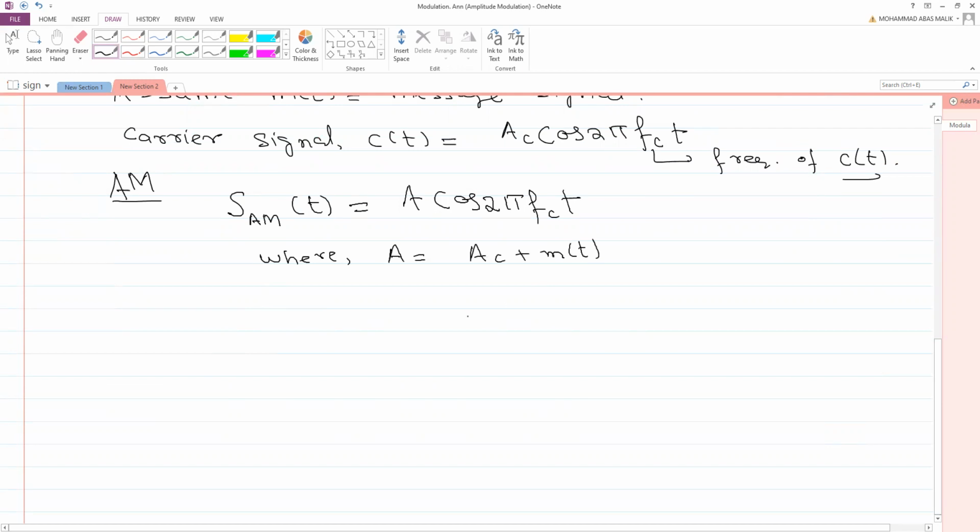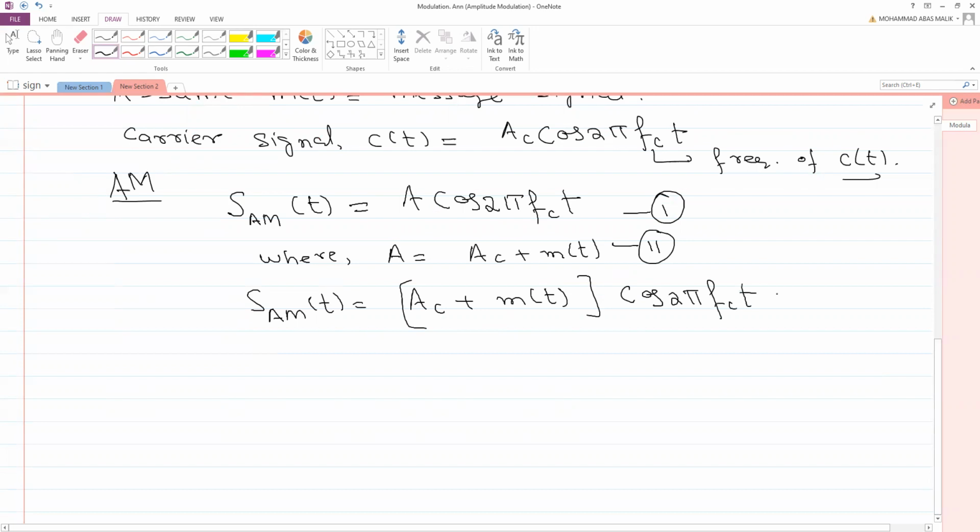Now put this value of A into the first equation. You will get s_AM(t) equal to [Ac plus m(t)] cos 2 pi fc t. So this is the final value which you will get.